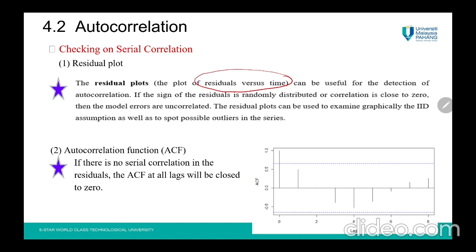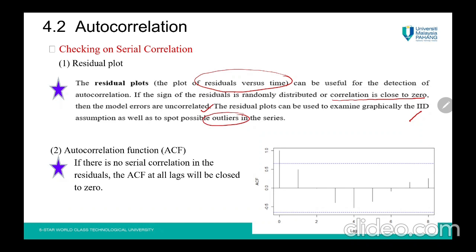If the sign of the residual is randomly distributed, it means that the correlation is close to 0, and we can conclude the model errors are uncorrelated. The residual plots can be used to examine graphically the IID assumption, IID meaning independent and identically distributed, as well as to spot possible outliers in the data.